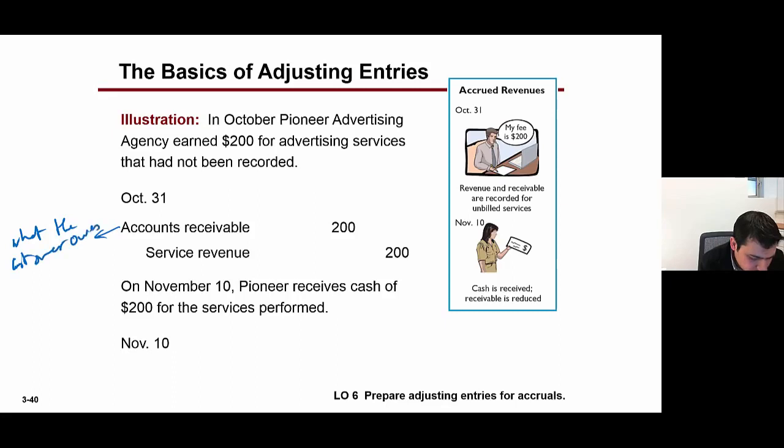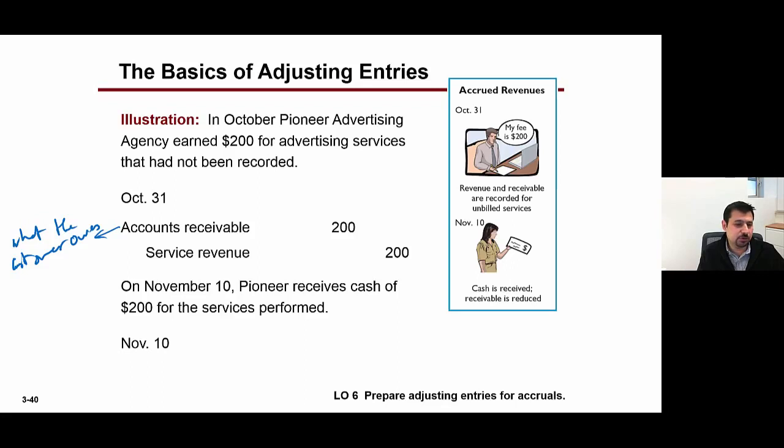Now, on November 10th, Pioneer receives cash of $200 for the services that they performed. And usually this happens because companies send the bill after the service has been performed.